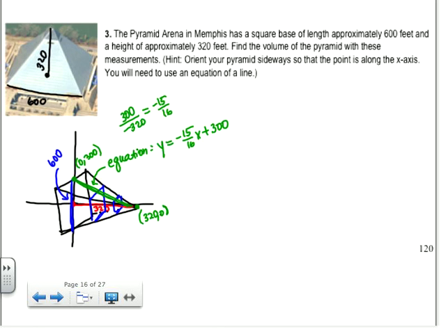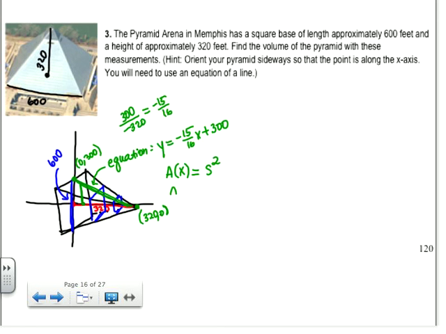Our area of our cross sections, since they're squares, is going to be the length of the side squared. What we just found is telling us the length from the axis straight up. So what do I need to do to find the whole length of the side of the square? Yep, double it.